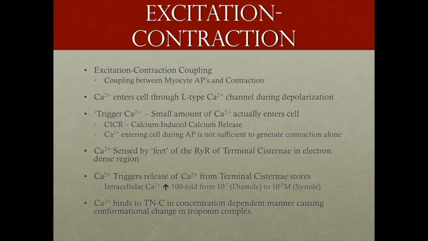This trigger calcium is sensed by the feet of the RYR of the terminal cisterna in the electron-dense region that is there. Calcium then triggers the release of more calcium from the terminal cisterna stores, and the intracellular calcium is increased 100-fold. It is this calcium, the calcium that is released from the sarcoplasmic reticulum, that binds to troponin C in a concentration-dependent manner, bringing about the conformational change within the troponin complex.